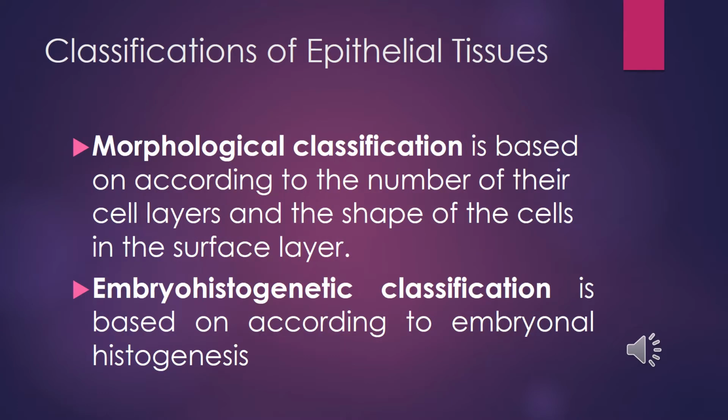Morphological classification of epithelium is based on the number of cell layers and the shape of cells. Embryohistogenetic classification is based on embryonal histogenesis and formation of epithelium from germ layers.